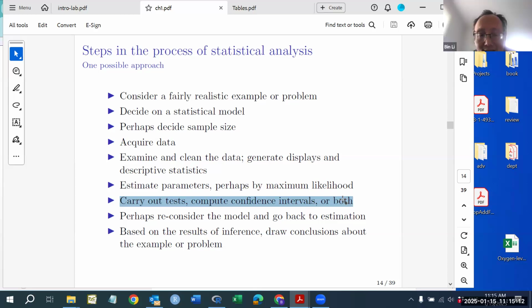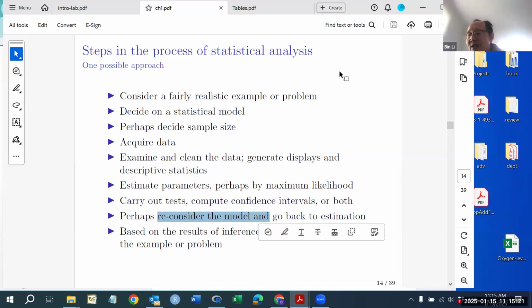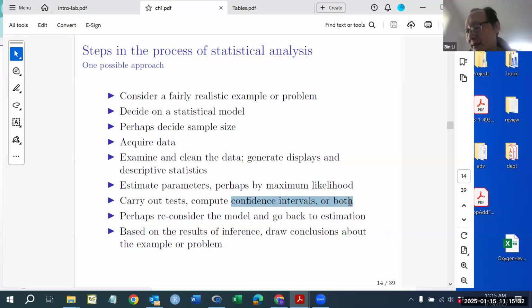Okay, after doing that, then we can reconsider the model. You may ask why we need to reconsider, because sometimes different models have different assumptions. You will see that in a minute. I will show you some examples. If the results don't make sense through the diagnostic analysis, then maybe the assumption for the model is not correct.